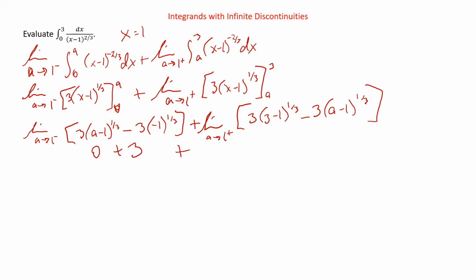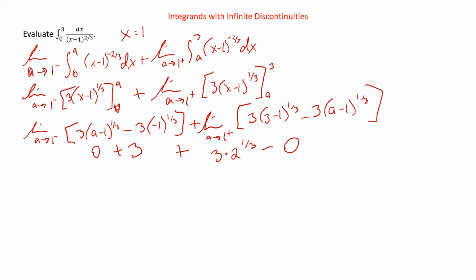Plus, we have 3 minus 1 is 2, to the 1/3 is the cube root of 2 times 3. So this is just 3 times 2 to the 1/3, minus, plug in 1. Well, 1 minus 1 is 0, so that's okay, and that's just 0.